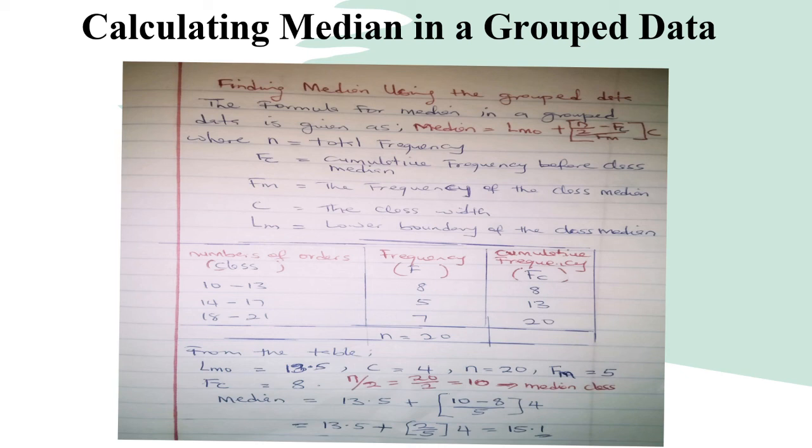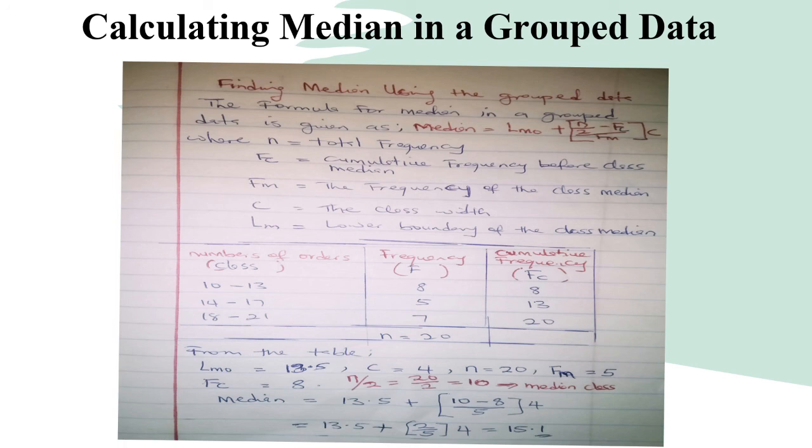So in determining your median class, you always look at the cumulative frequency. We have our lower boundary at 13.5, that is 13 plus 0.5. Any lower boundary must be added with 0.5 or subtracted with 0.5.